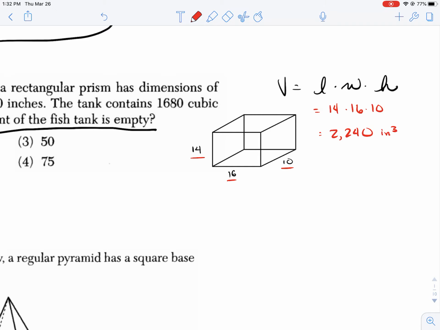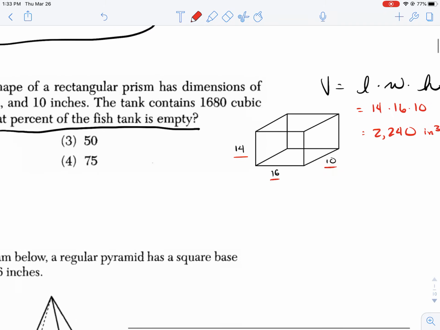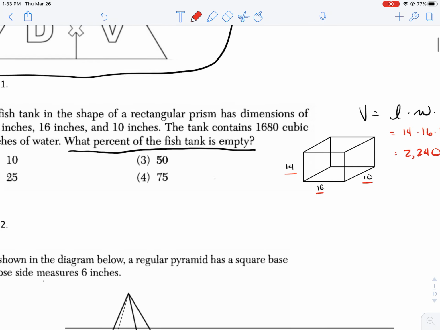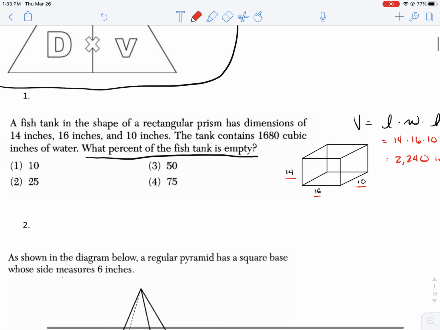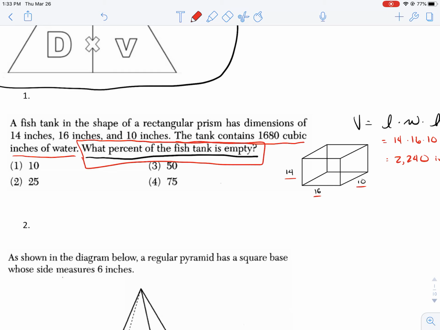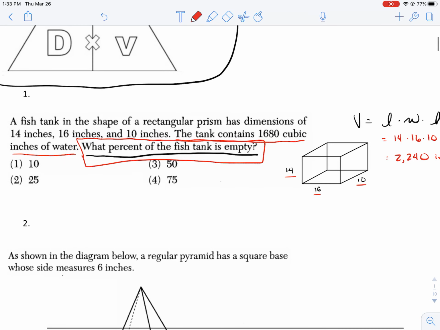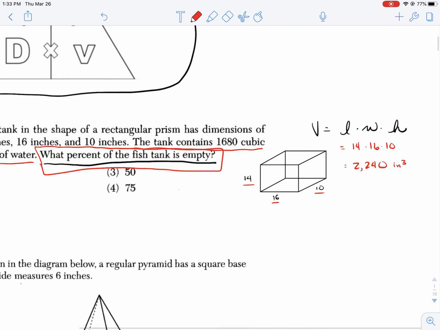All right, and so what the problem here says is the tank contains 1,680 cubic inches of water, and it wants to know what percent of the fish tank is empty. So first, we need to find out how much of the tank is actually full. Okay, so think about it like this.